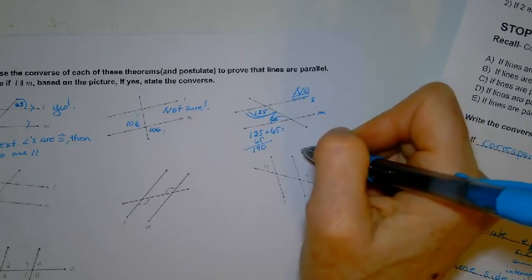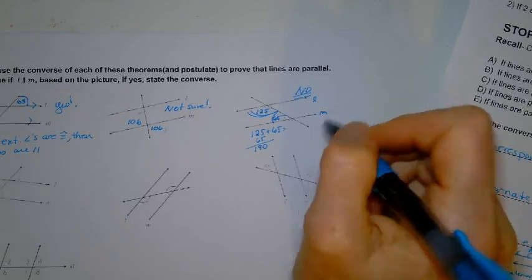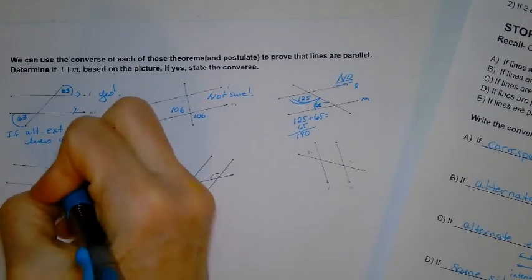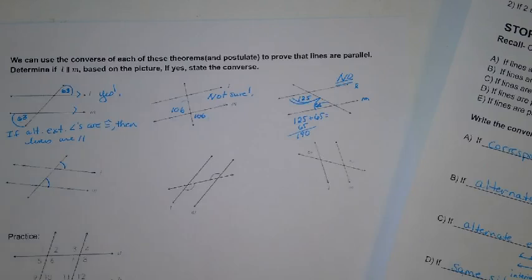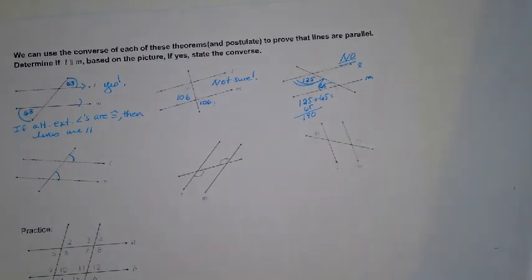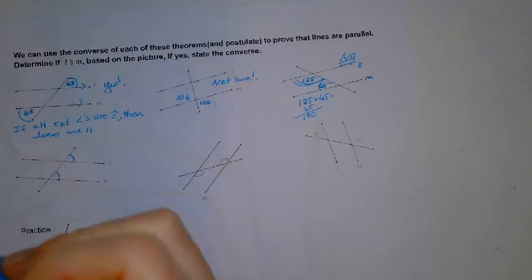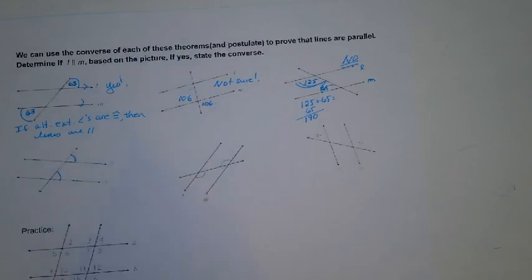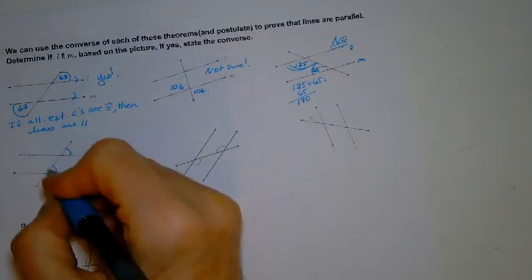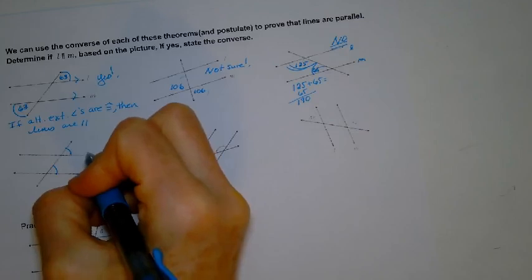Okay, let's look at this next one. This angle is congruent to this one. What kind of angles are those? Those are corresponding angles, and we're being told here that they are congruent. So if these corresponding angles are congruent, then yes, these lines are parallel.